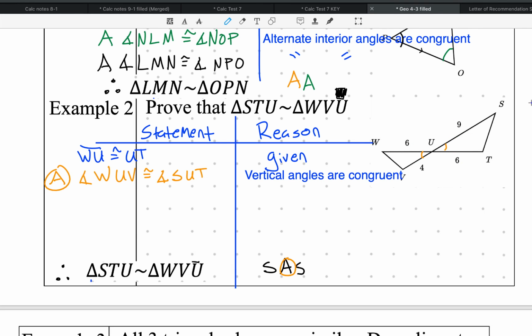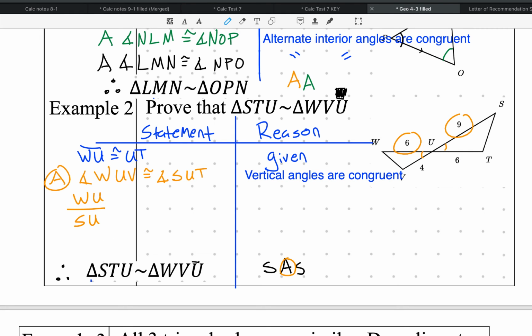So this is how you're going to say it. You're going to say that the ratio of WU, that's the long one, to the other long one, to SU. Again, I'm looking at long WU, which is the longest of the two, between 6 and 4, 6 is bigger, over SU, and SU, 9 is bigger than 6, so I'm doing big over big.